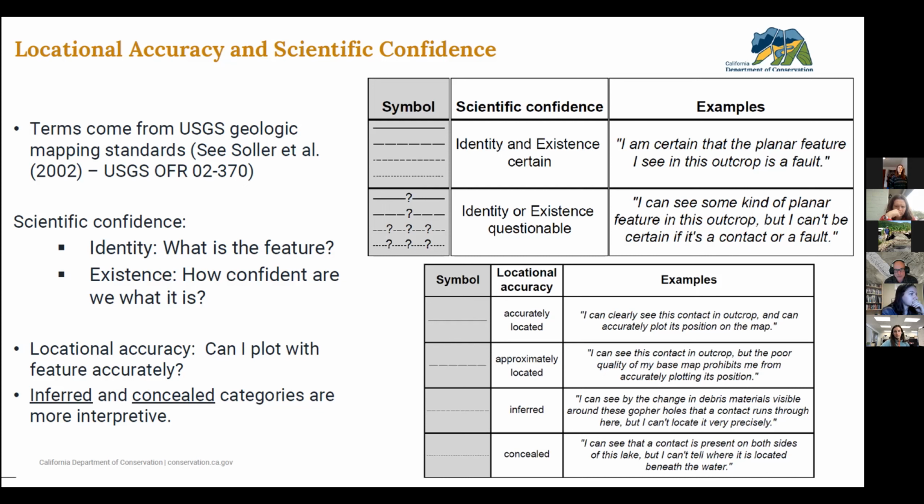We don't want to throw away ideas, but we want to code them both in terms of the semantic confidence, what is it, as well as the location confidence, where is it? So that scientific or semantic confidence is: how confident are we as to what the feature is? And then where is it? So this is a nice explicit statement about some of these issues.